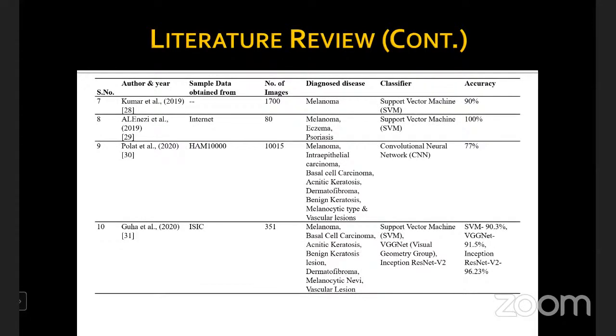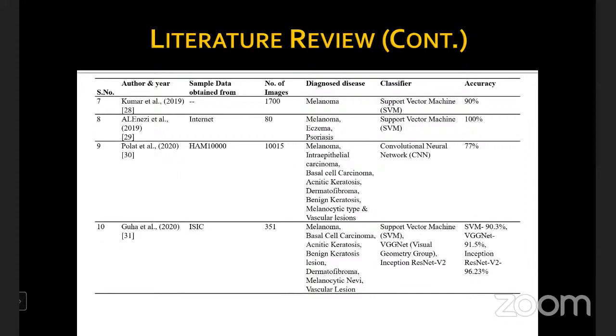In another study undertaken in 2019, 80 images were taken. A data set was used for obtaining 10,015 images, and the diagnosis was done for melanoma, intraepithelial carcinoma, and basal cell carcinoma, etc. The classifier was a convolutional neural network, and the accuracy was 77%.